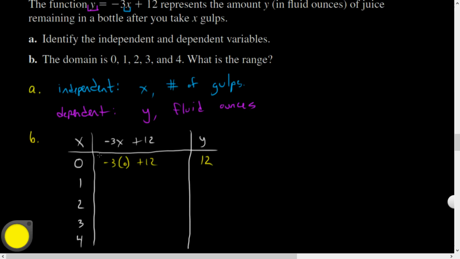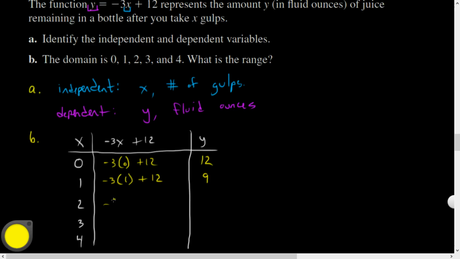If I've taken 0 gulps, I have 12 ounces of fluid left in the glass. Now let's plug in 1. Negative 3 times 1 is negative 3. Negative 3 plus 12, same as 12 minus 3, it's 9. So I input 1, output 9.